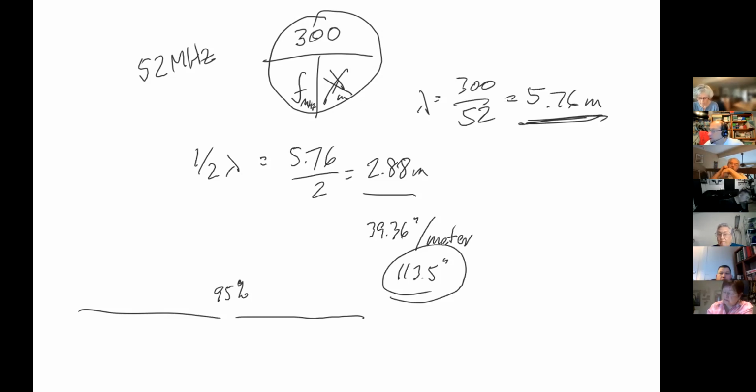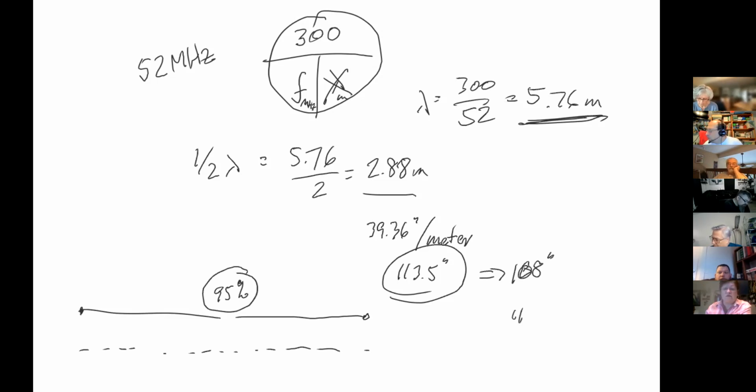That's because wire has inductance, and it actually has a little bit of capacitance with respect to the ground. And there's some capacitance at the end of the wire. Basically it's real world effects. So you have this factor, which is 95%, which is real world effects. So we're going to multiply by 0.95 and we get roughly 108 inches.